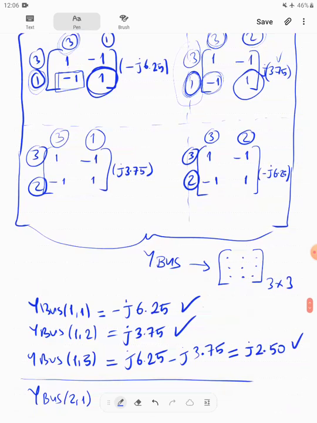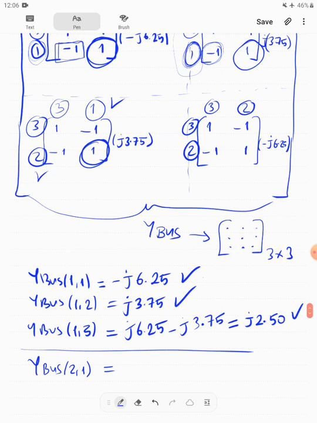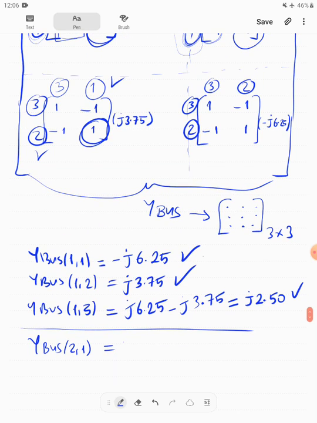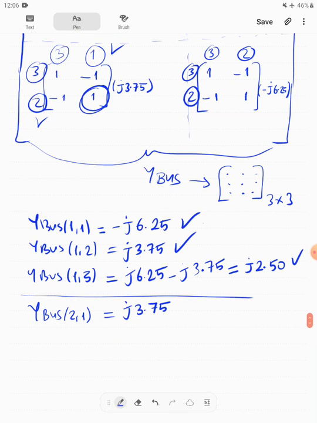Yes, I see such an entry. You see, row number is 2 while the column number is 1. So the answer will be 1 multiplied by j3.75. So I am writing the result here. j3.75 per unit.